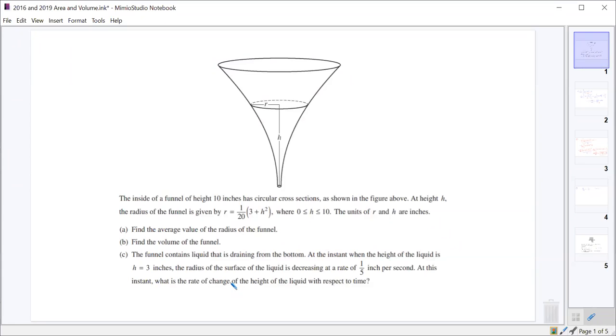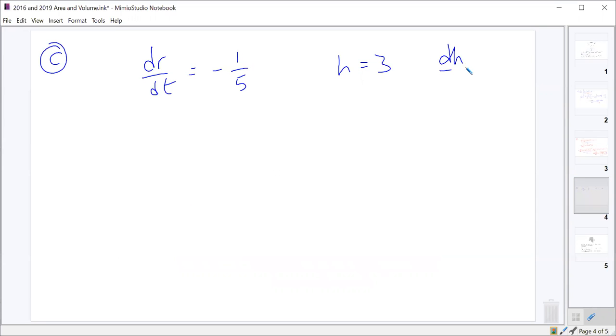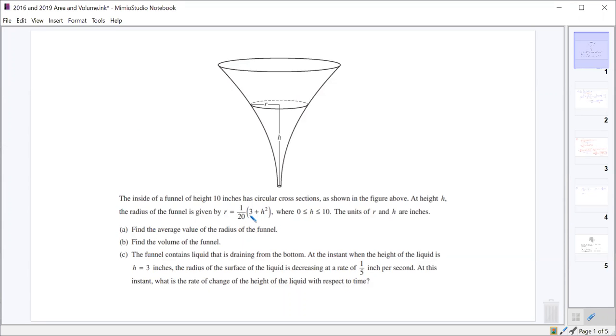And we are looking for the rate of change of the height of the liquid, so we are looking for dh/dt. It's got nothing to do with volume. We just need to relate r to h, and we already have an equation to relate r to h, right? r is equal to 1/20th of (3 plus h) squared.